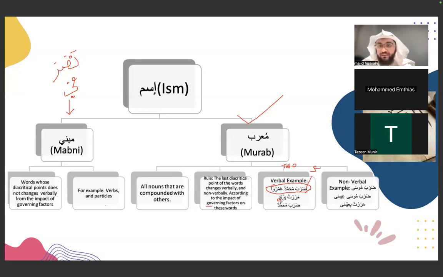Similarly, marartu bi Zaydin. The two kasra below help us understand that I have passed by Zayd. There are some non-verbal examples. For example, the word Musa. Musa is a noun and it is mu'rab. But when Musa changes position in the sentences, it does take the position of two dhamma and two kasra, but its diacritical points are not shown.